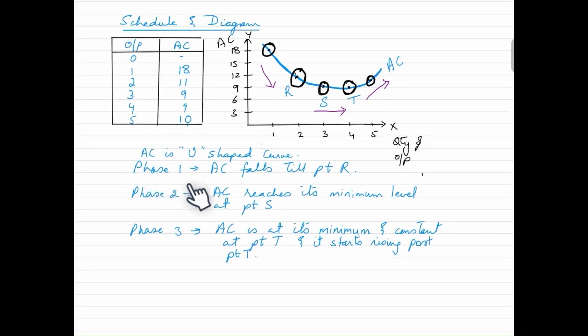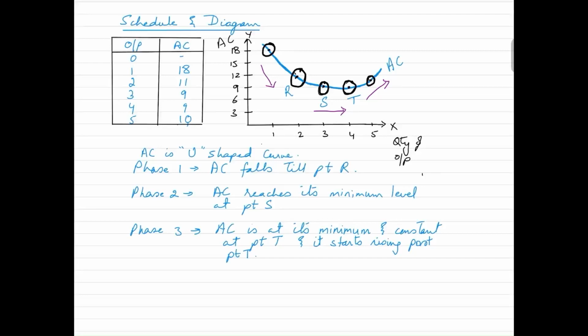The first phase is where the average cost curve falls till the point R. So this is point R in this diagram, and the average cost curve is showing a decreasing trend. Initially, when it begins with the first unit of output, average cost is pretty high. This is simply because the fixed costs are getting spread over a smaller unit of output.